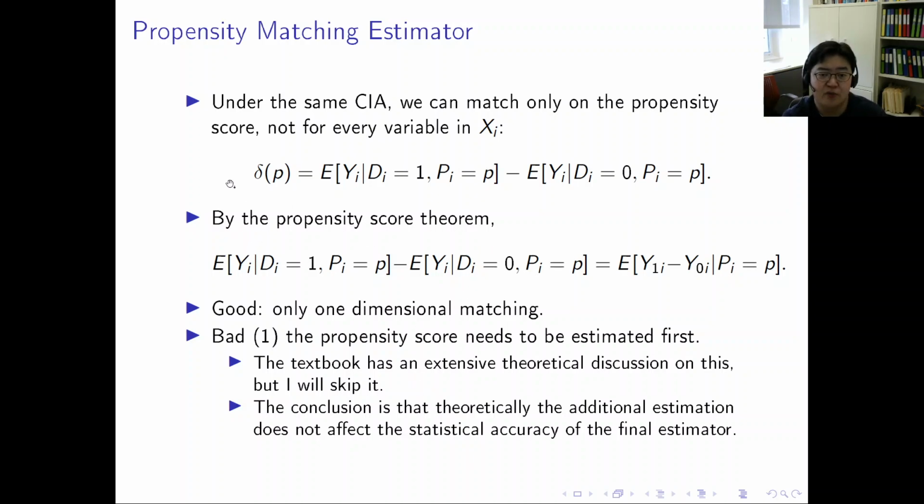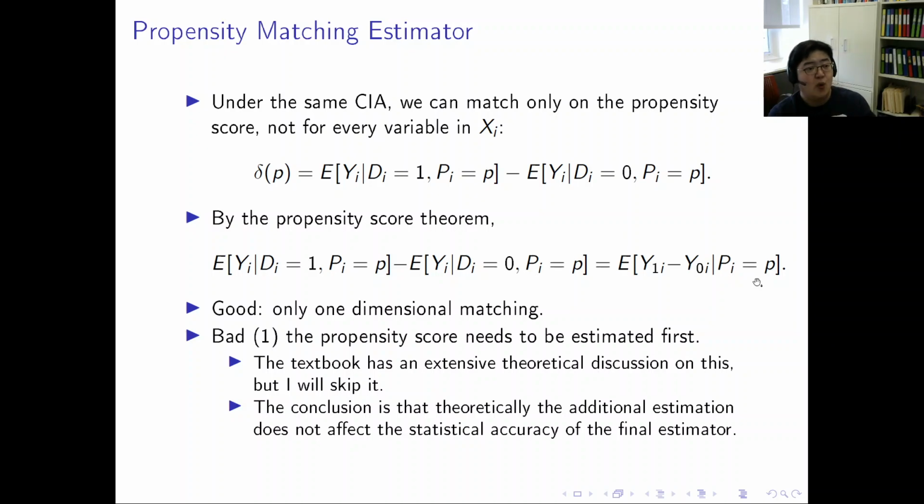And if you calculate this, then by the theorem, this estimator equals the propensity-specific average treatment effect. So this is the expected treatment effect, conditional on a certain propensity score.